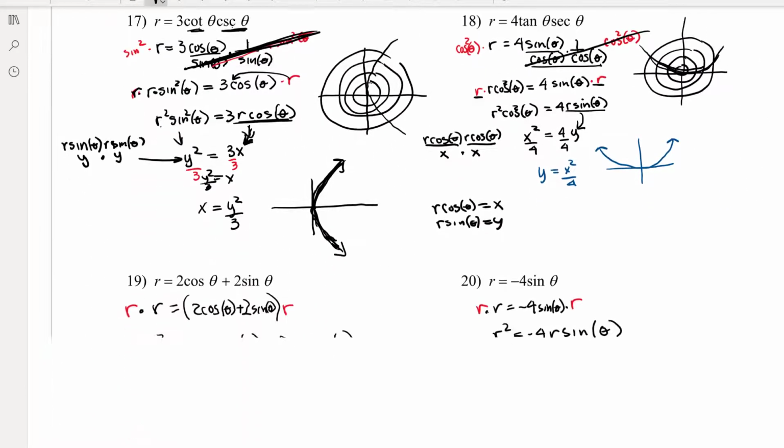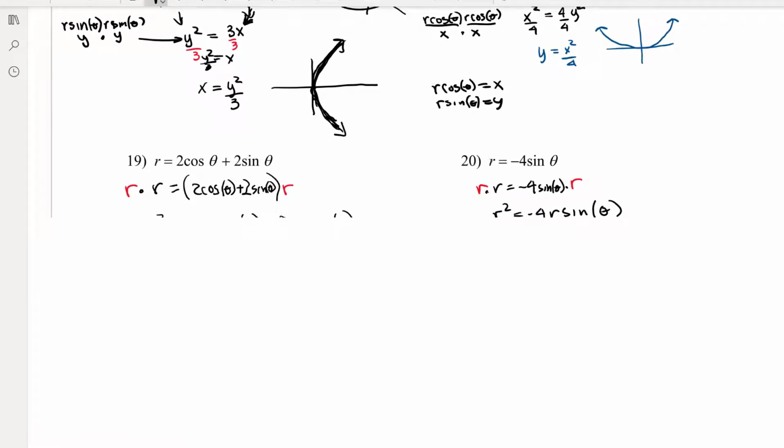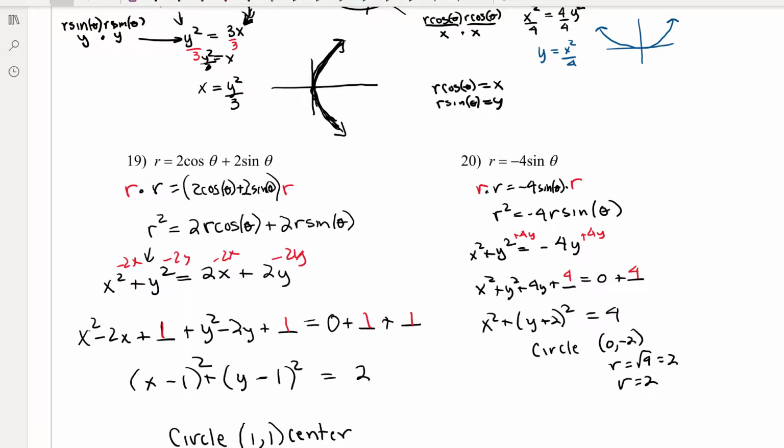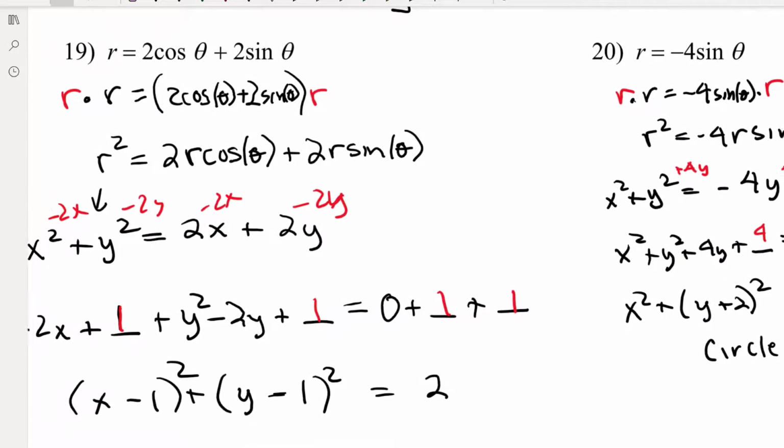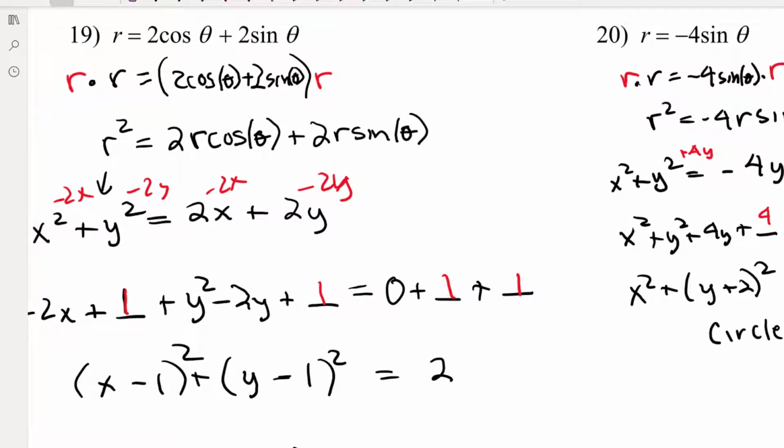Okay, let me go down here. Well, now you've got a plus and a subtract. So this is going to be a little bit dicey here, maybe. First thing I did is I grouped this by putting in parentheses, multiplied by both sides, because r squared I can immediately convert to x squared plus y squared.